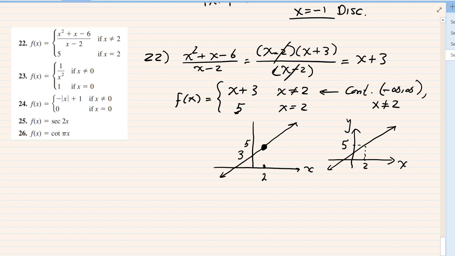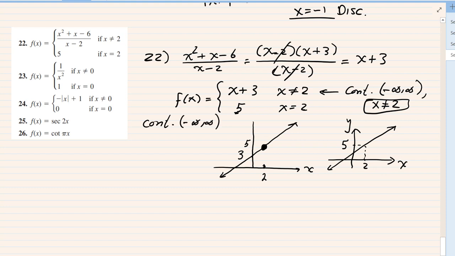So this is actually continuous everywhere, because again, x cannot be 2 here, but then x equals 2 in another form. So this one is continuous everywhere. There are no discontinuities. So number 22, it is continuous from negative infinity to infinity.